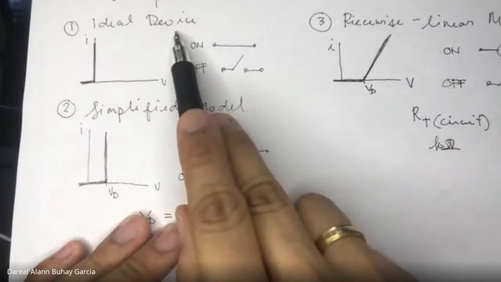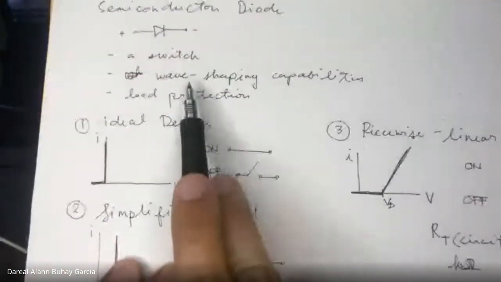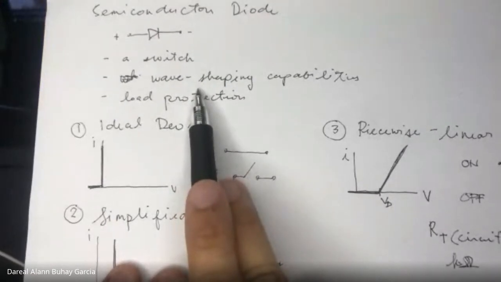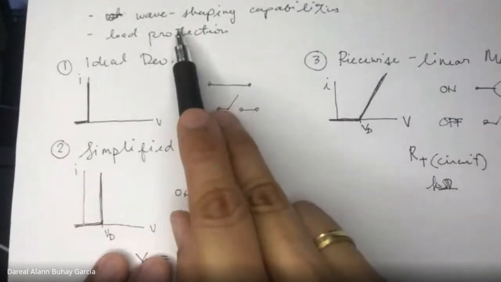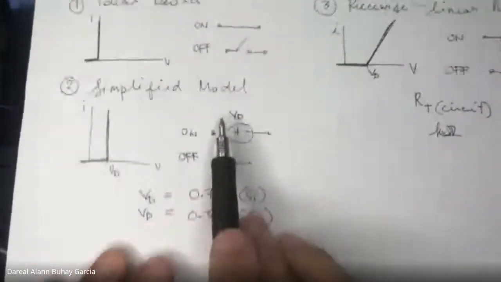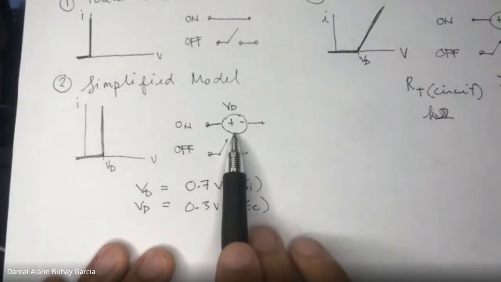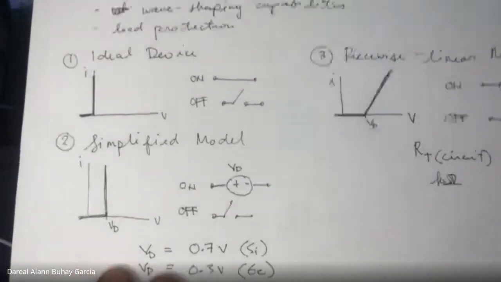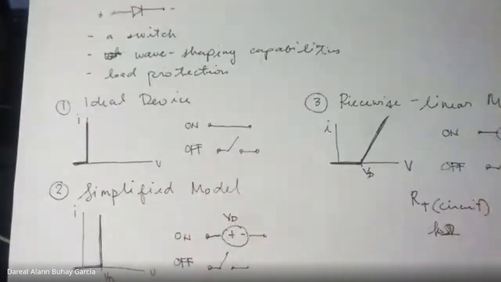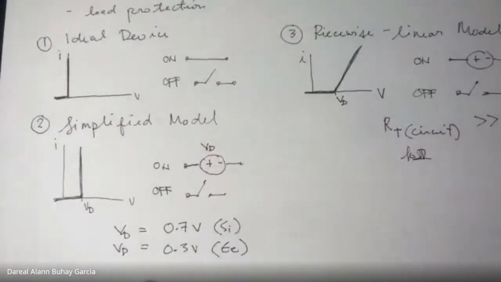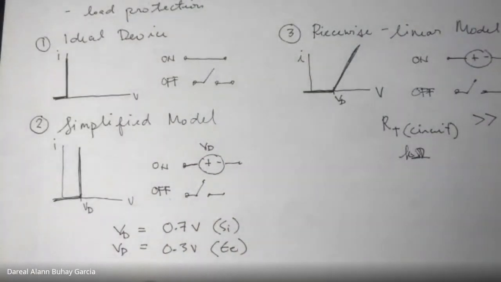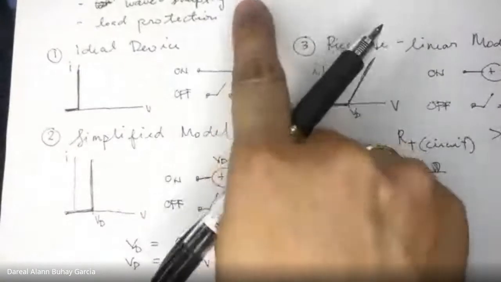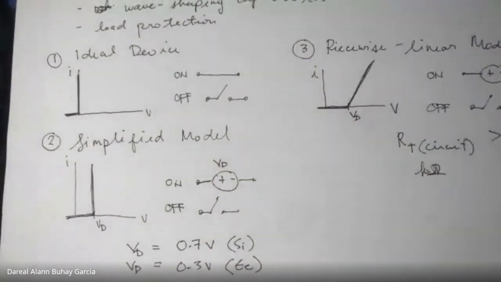Maybe we'll use the ideal model or ideal device when we deal with the wave shaping capabilities of our diode, to simplify further. The changes given by the addition of the voltage drop are small when we speak of the output waveform of our diodes. So the ideal can be used when it comes to the wave shaping capabilities of the diode.